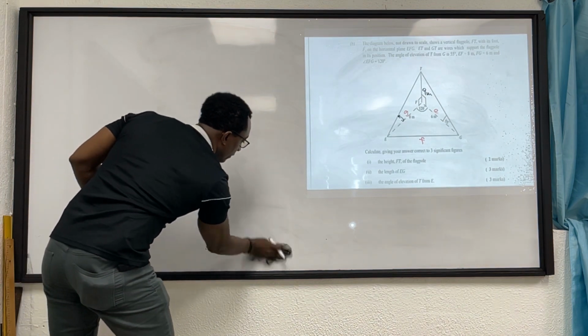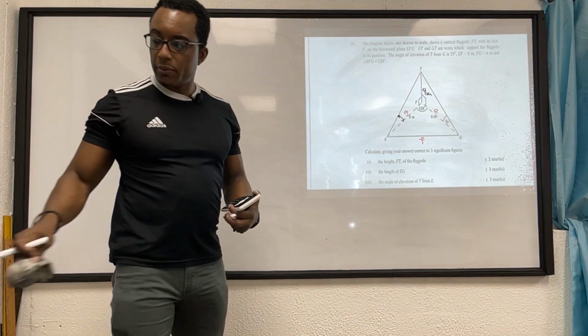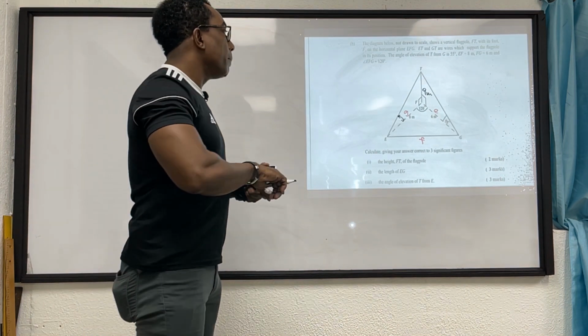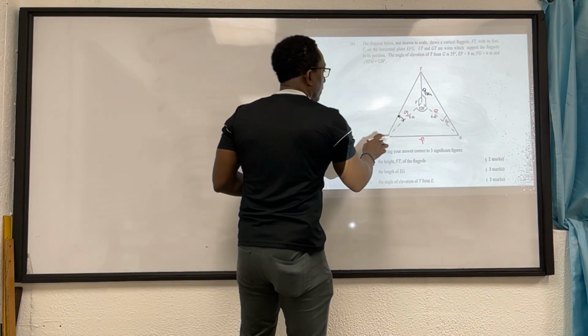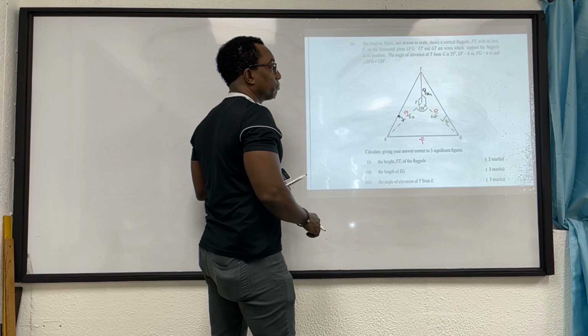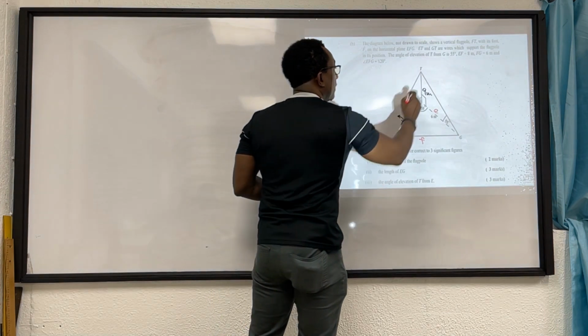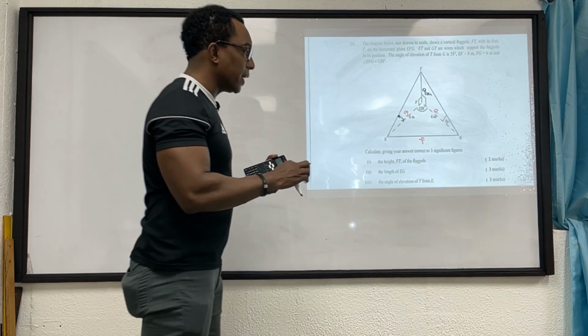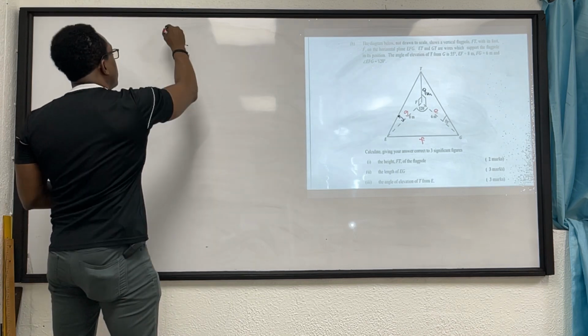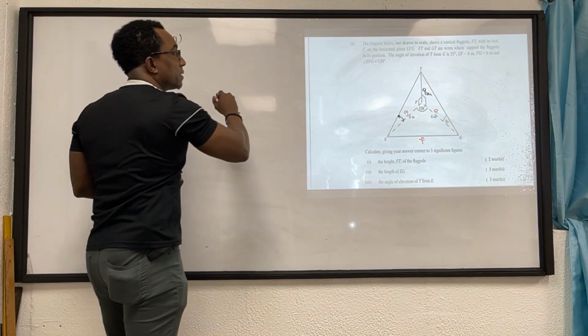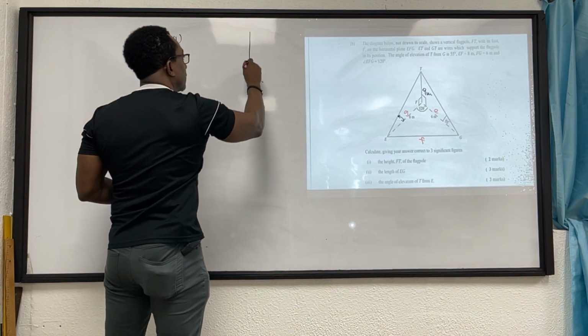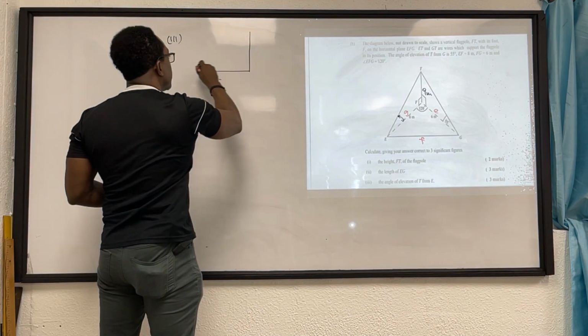So, using trigs, the side opposite my angle at E will be the side opposite. Let me pull out that triangle so we can have a better view. So this here is my triangle TFE.